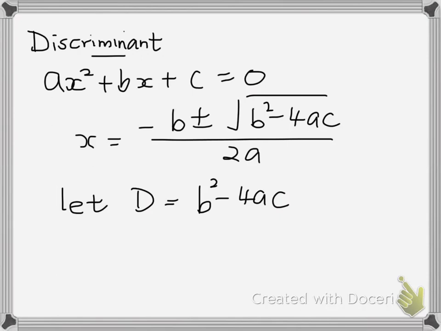We just named it b squared minus 4ac, that's all. If we put it back into the formula, x is now equal to minus b plus or minus the square root of D, over 2a. No big deal, it's the same thing.